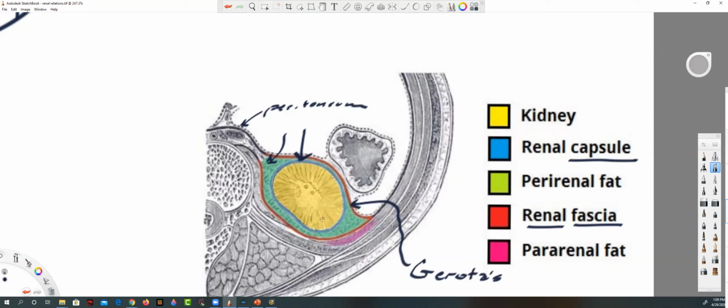perirenal fat. Let me tell you something about the perirenal fat. It can be rather echogenic. It could be hypoechoic.